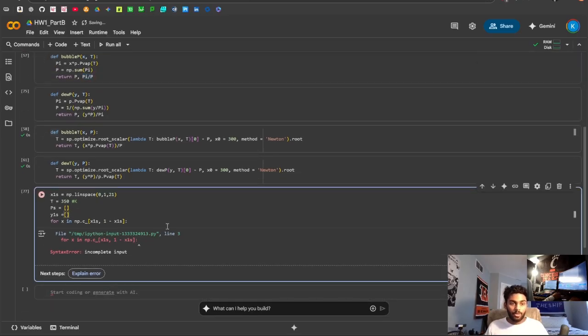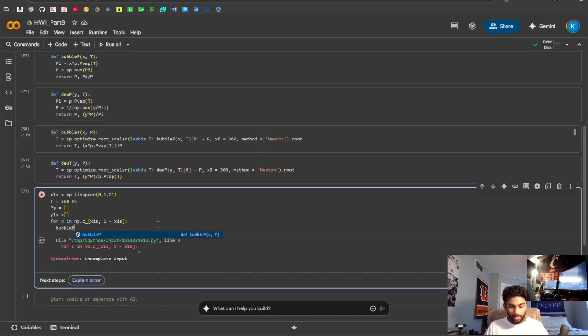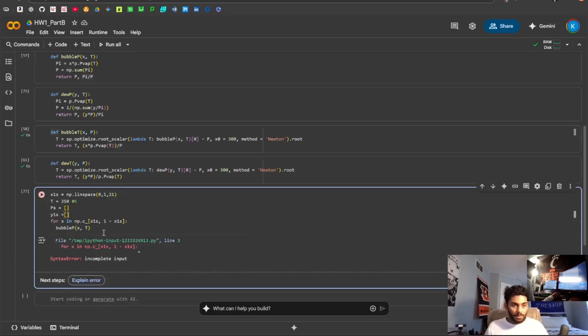So we're going to store them in here, and essentially we're going to be doing bubble p inputs x and T, which we have our x being taken from our array, our T is a constant value for that, and we want to pull our pressures.